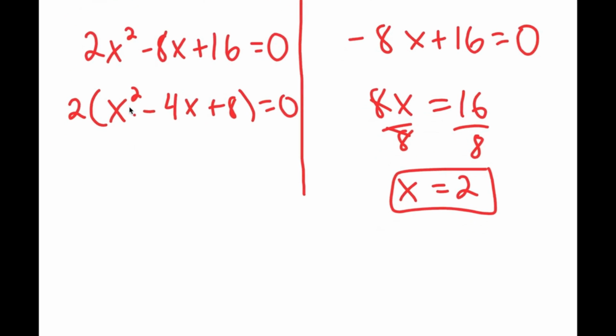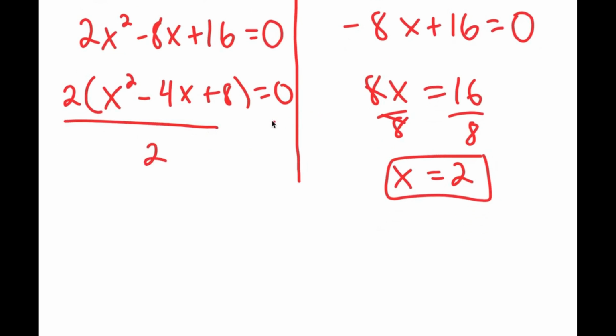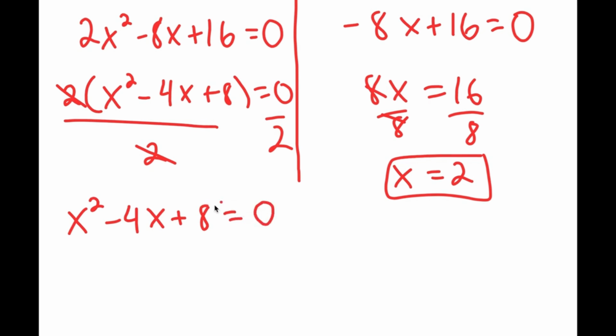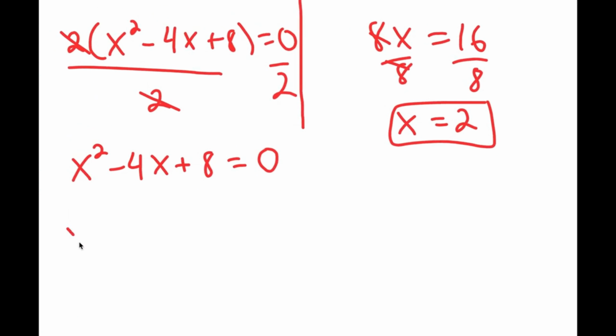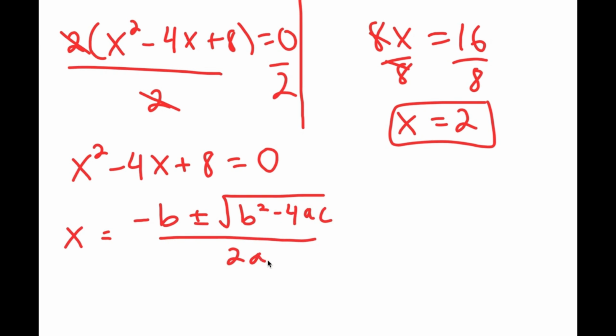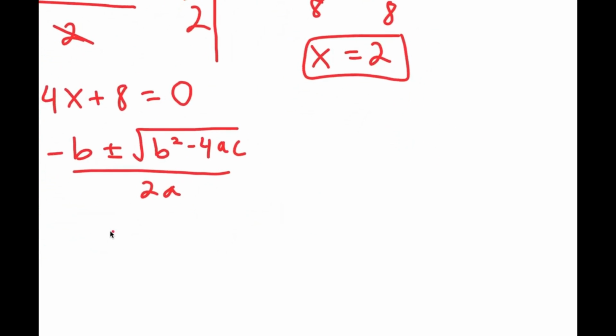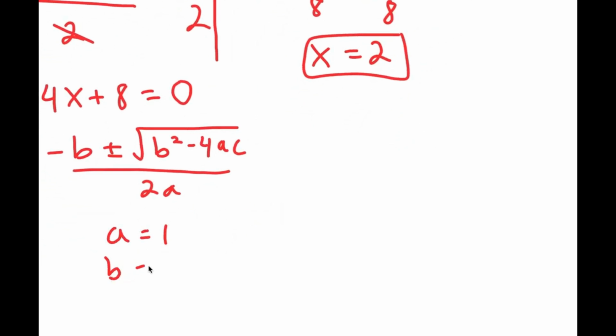That's one solution. And now continuing this, if I divide both sides by 2, I get x squared minus 4x plus 8 is equal to 0. And if I use the quadratic formula, which is negative b plus or minus the square root of b squared minus 4ac all over 2a. In this case, a is 1, b is negative 4, and c is 8.